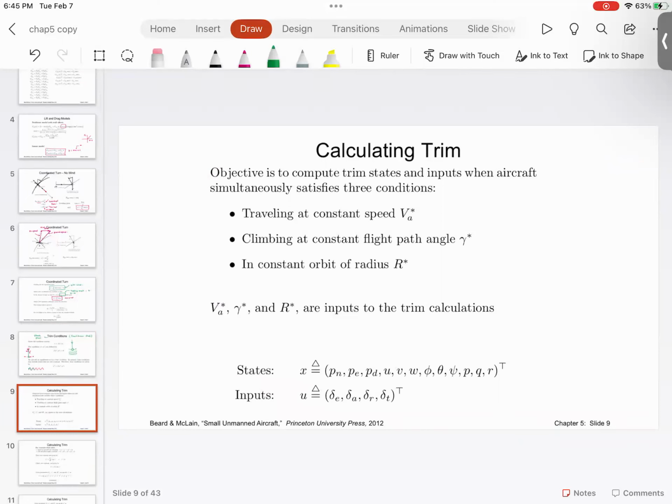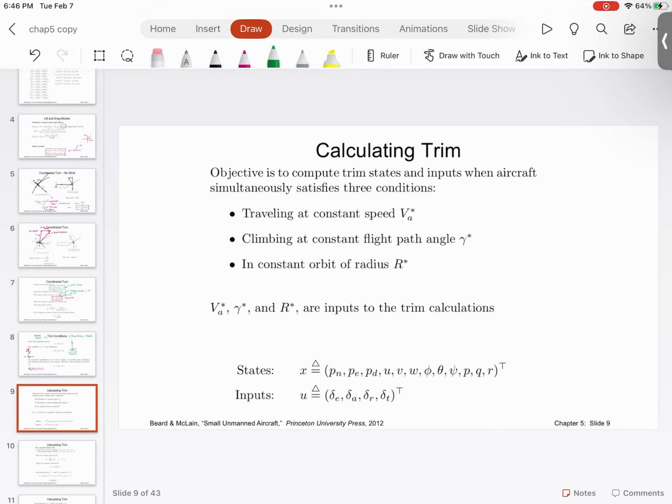How do we find out trimming? Again, there are different techniques. For a simple equation, it's very easy to find the trimming state or a periodic solution. But when you have a super complicated nonlinear expression involving 12 states, you have to use some type of numerical technique. And that you use something like a numerical optimization.